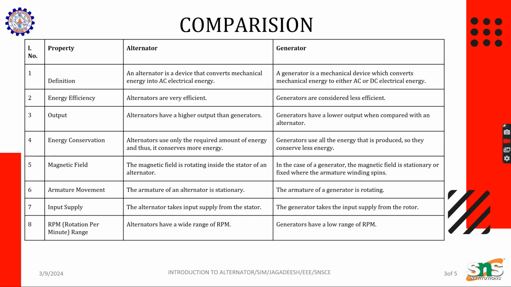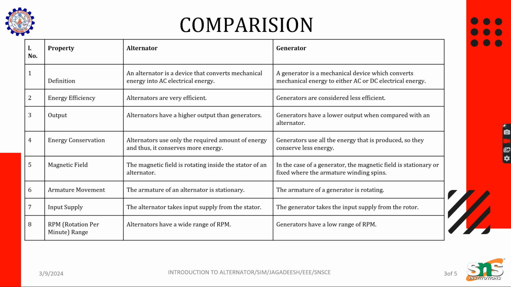The output has higher values in an alternator, but the DC generator has a limited one when compared with an alternator. The alternator conserves more energy, but the generator will not conserve much energy.